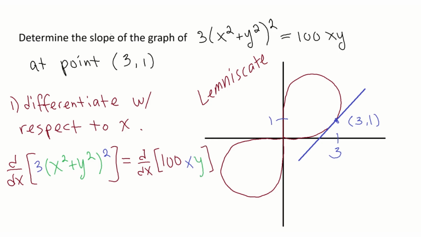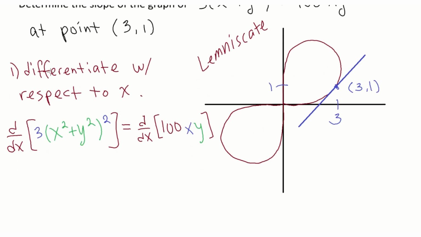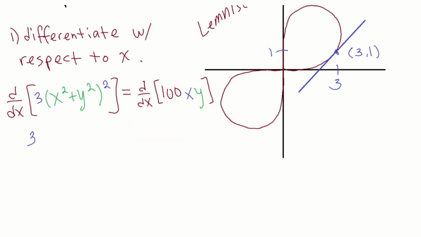On the left side, we need to use the chain rule. What's the outer function? The outer function is 3 times something raised to the power of 2. And the inner function is what's in the parentheses. Bring the 2 down, multiply by the 3 in the front to get 6. Keep the inside function the same, and reduce the exponent by 1.